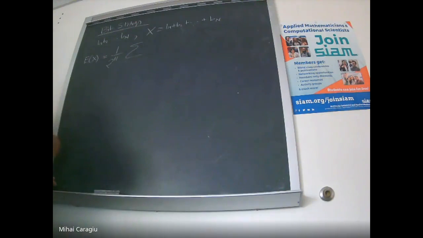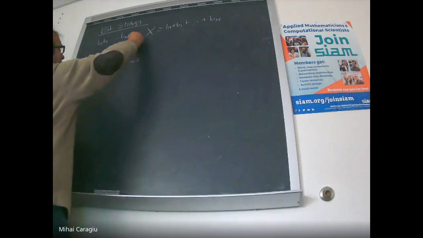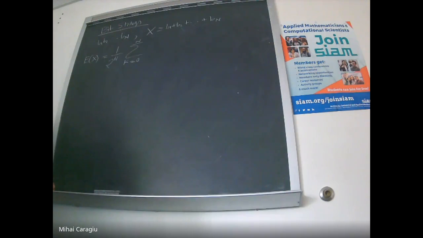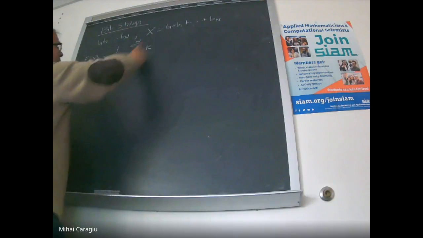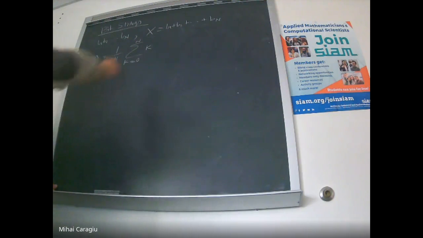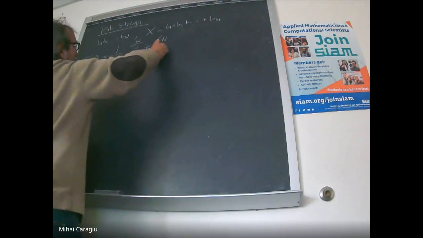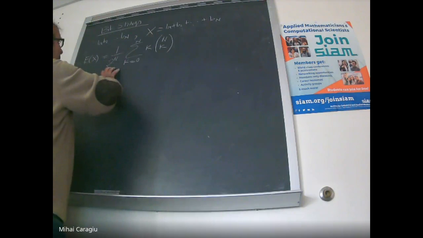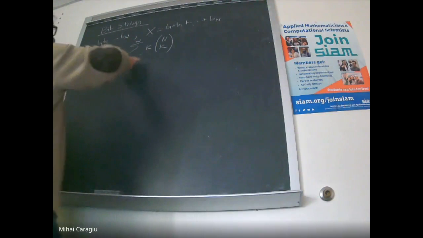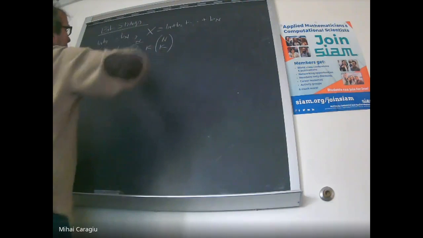Summation over all possibilities for the number of ones. The number of ones could range from 0 to n. The variable X, if we have k ones, is k. And the number of states where the random variable X takes the value k is n choose k. So 1 over 2 to the power n, which is the probability of every bit string, and summation from k equals 0 up to n. The value k of the random variable is realized for n choose k states.